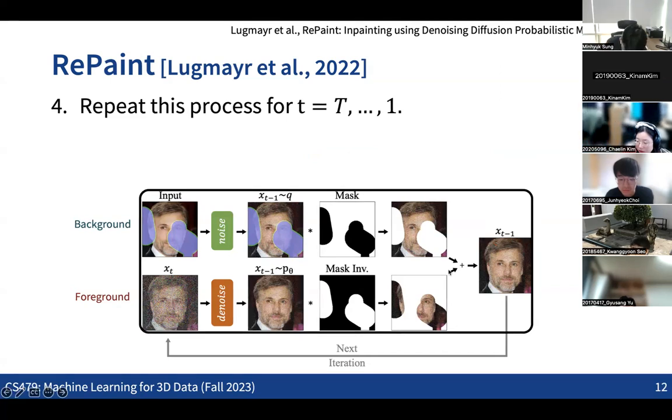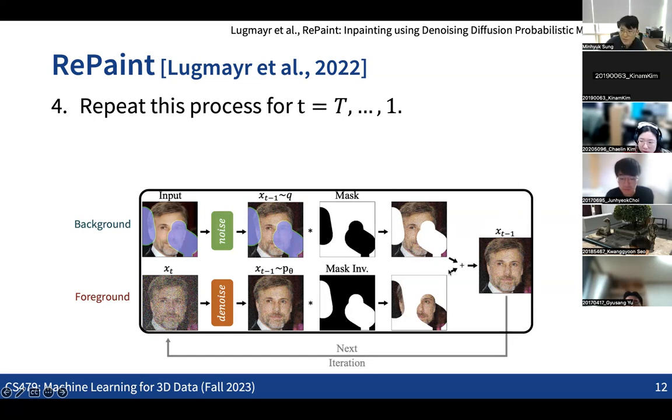This is the practical idea of how we fuse the foreground and background information at each time step t or t minus one, in a way that we are denoising and also perturbing each of the foreground and background images with the same amount of noise until time step t minus one, doing the composition, and then using that as the next-step noise image in the reverse process.